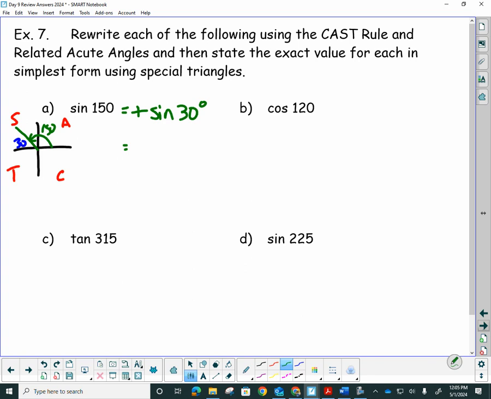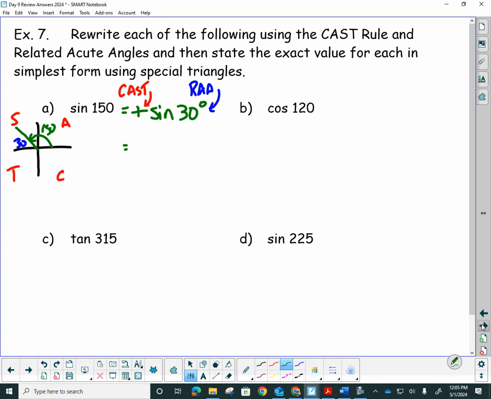Remember that the plus comes from the cast rule, and the 30 is the related acute angle. So the reason we did this is because we don't have a special triangle for 150, but we do know it's the same as the positive answer for sine 30. And sine 30, we do have a special triangle.